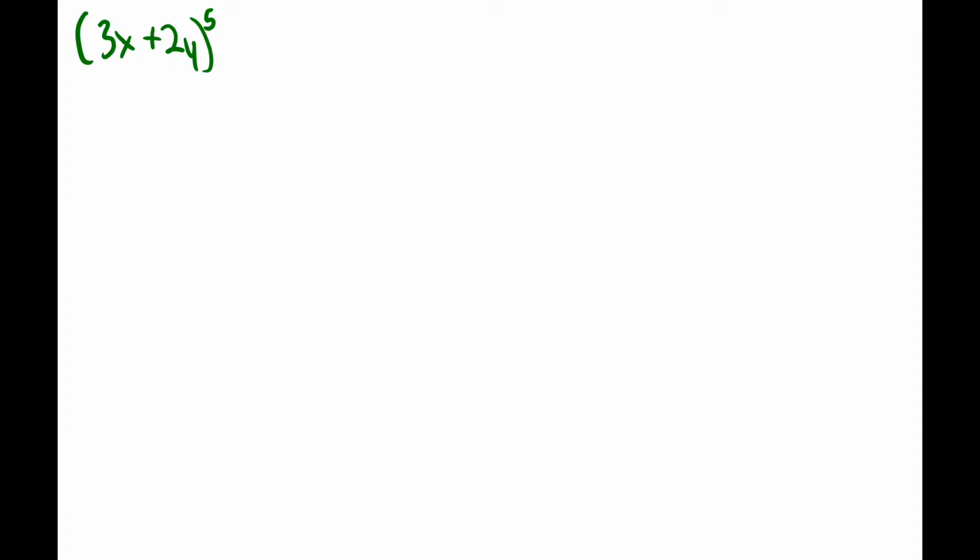Now, we're raising this to the 5th power, and I'm going to go ahead and write what our combinatorics are for each of these, because if I don't, I'm not going to have enough room. My combinatorics are 1, 5, 10, 10, 5, and 1.